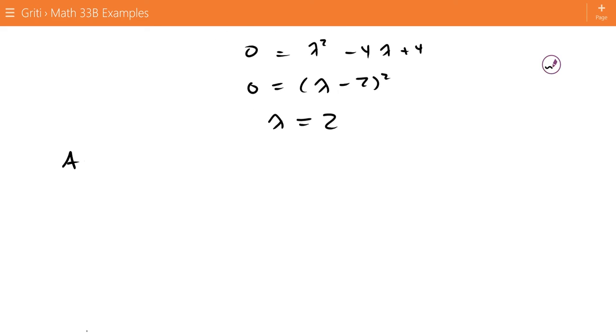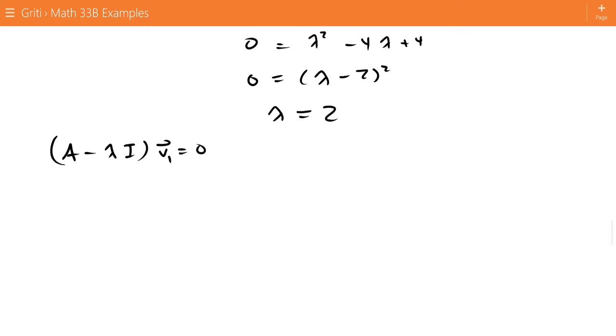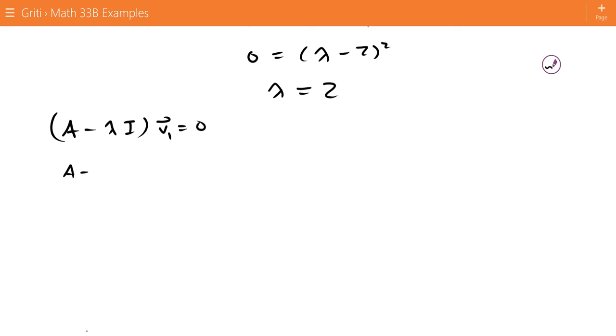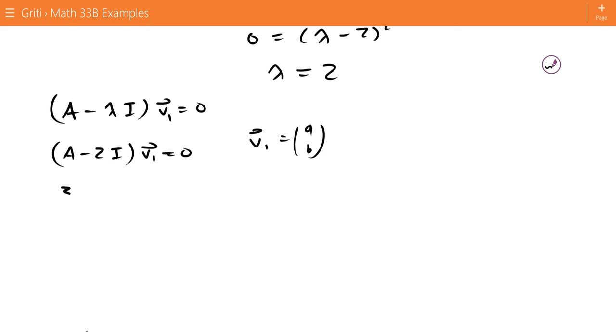So we can look for what v is for (A minus lambda I) v equals 0, and this will be v1. It's going to be (A minus 2I) v1 equaling 0. We define v1 to be (a, b). This gives us [3 minus 2, 1; -1, 1 minus 2] times (a, b) equals (0, 0).